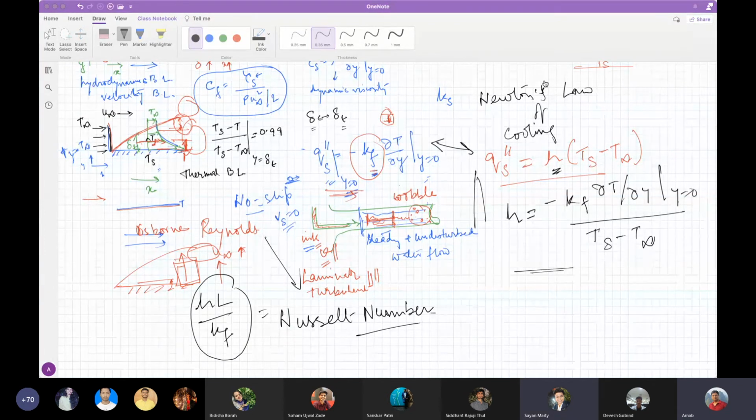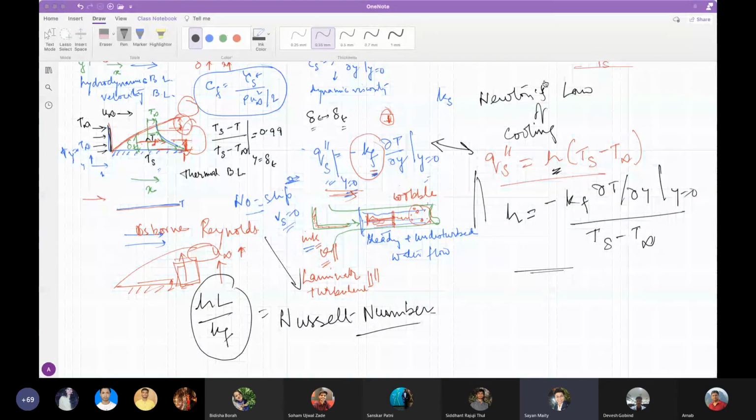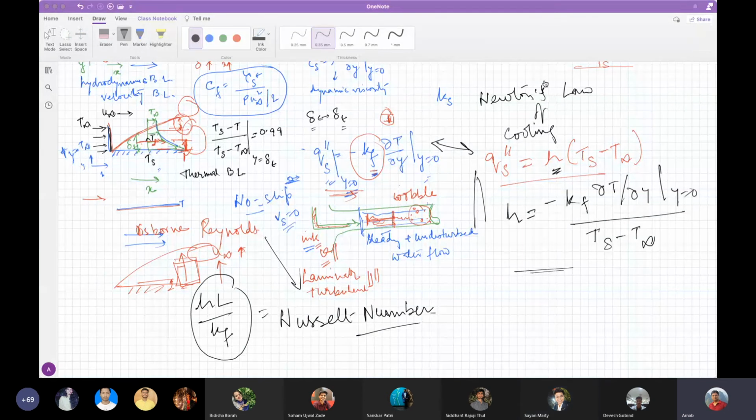Sir, if we consider a pipe where the length between them is less than the delta, so we can assume that there is mainly conduction. It's difficult, Shine. I understand what you are mentioning. See, this delta is shown in a blown up image.